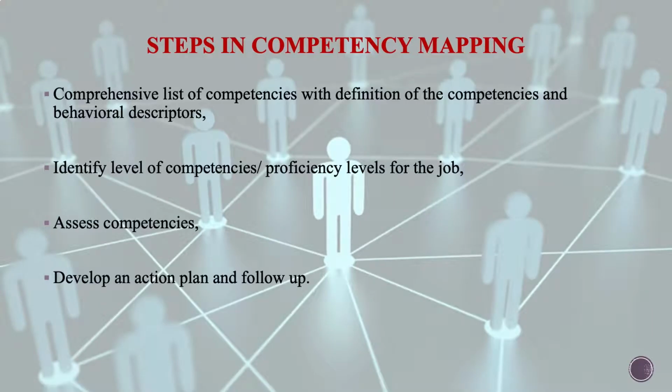After identifying the gap in competency, we go on to take appropriate action based on the very objective as to why the competency mapping has been done, in what areas of human resource processes it needs to be applied. So we develop an action plan, we implement it, we do a follow-up, and also, very important, we give feedback to the individual.